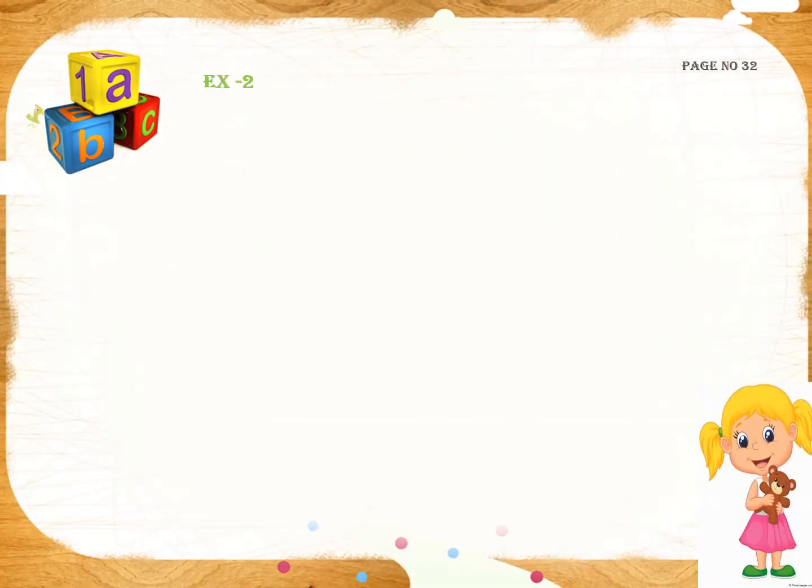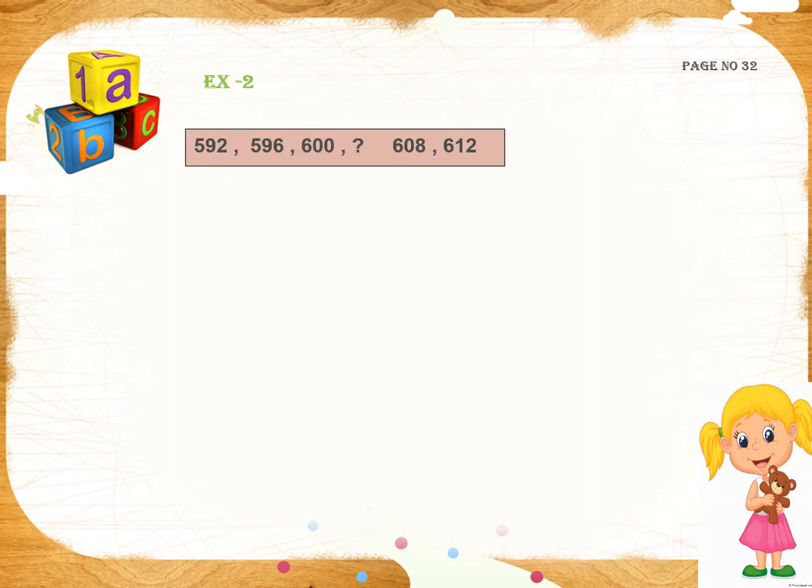Okay children, let's see the next example. Look at this number pattern. What is the missing number? 592, 596, 600, blank, 608, 612.